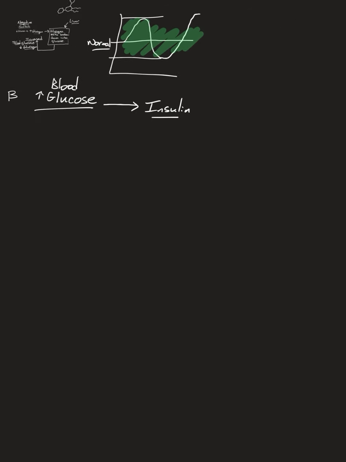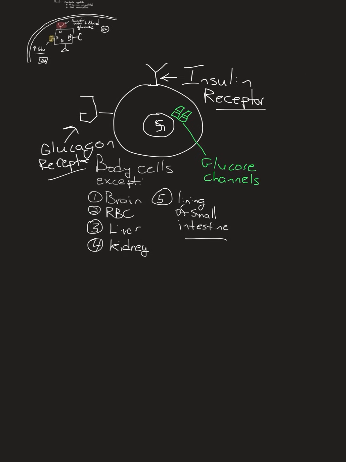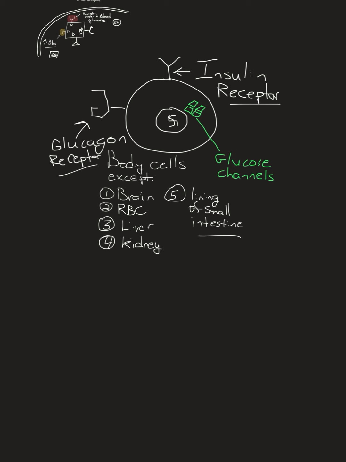Insulin, in turn, let me go ahead and take a look at this diagram here. Every one of your body cells, except for your brain cell, your red blood cell, your liver cells, sorry, I had to write these with my finger because my pencil went dead, your kidney cells and the lining of your small intestine, all of them, except for these tissues, respond to insulin and glucagon.